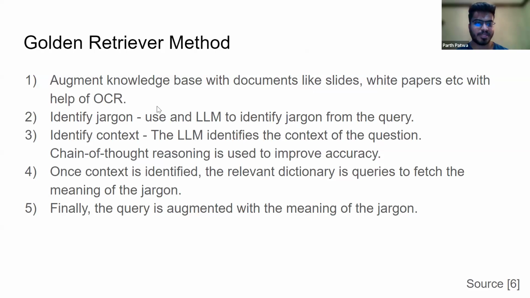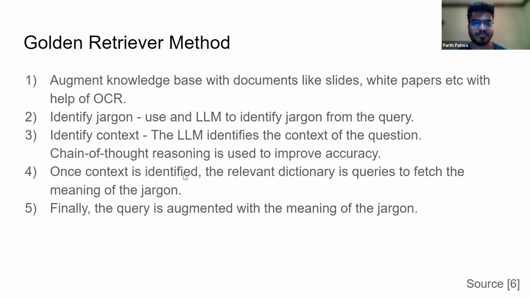Very nice technique. Just to repeat, we identify the jargon and identify which context it is in. If the query is "teach me about RAG", then identifying the jargon means identifying that RAG is the jargon. Context is based on the fact that we are in an NLP class, so it would be LLM.